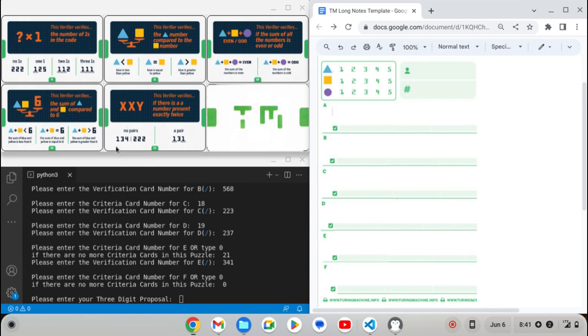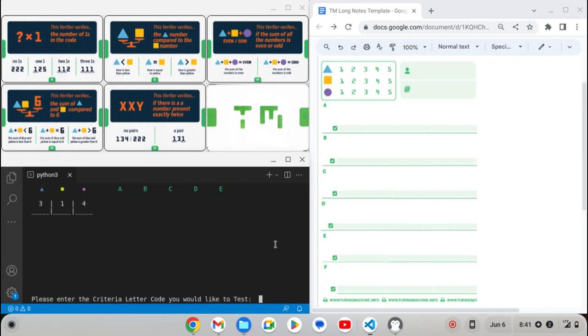It could be one where all 3 digits are distinct, no repetitions, as in 134, or a single digit repeated 3 times. So in both cases, neither has a pair of digits. And so remember, our objective is to find this unique 3-digit code that abides by all these criteria cards. And so we are going to start off with our proposal of 314.